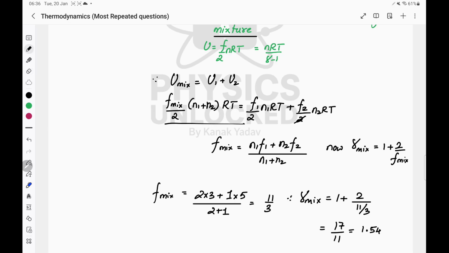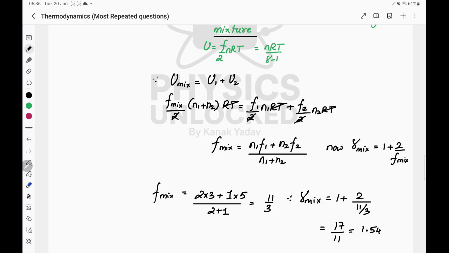the total internal energy of the mixture will be F mix by 2 into N1 plus N2 times RT, because after mixing we have a total number of moles of N1 plus N2. And before mixing we had F1 N1 RT divided by 2 and F2 N2 RT divided by 2. So now you can cancel out the 2's and you can cancel out the RT's for sure.